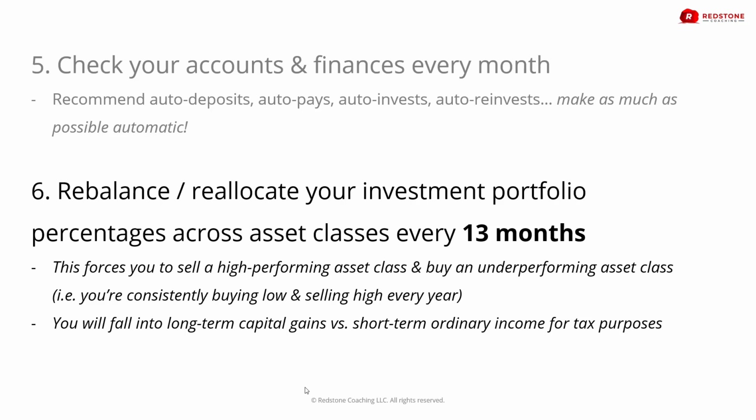So if you sell or rebalance after 13 months, anything that you sell, you're only going to be paying long-term capital gains taxes on it, which is 15% for most people. And if you're making a really large amount of money and you're very, very wealthy, then you'll pay 20%. But paying 15 or 20% on your long-term capital gains investment income is great. That's much better than paying higher tax rates.